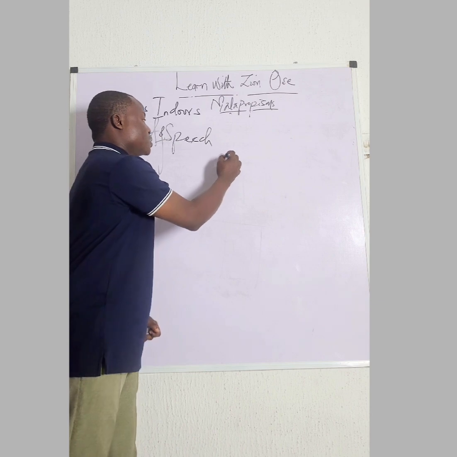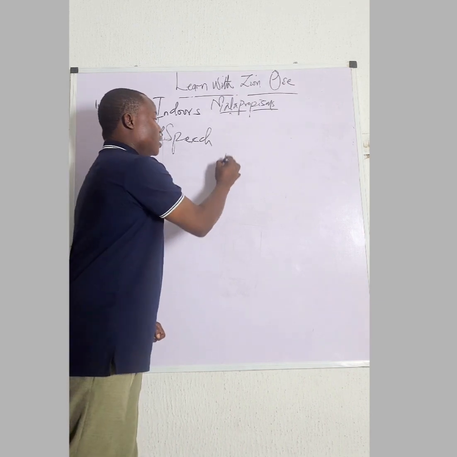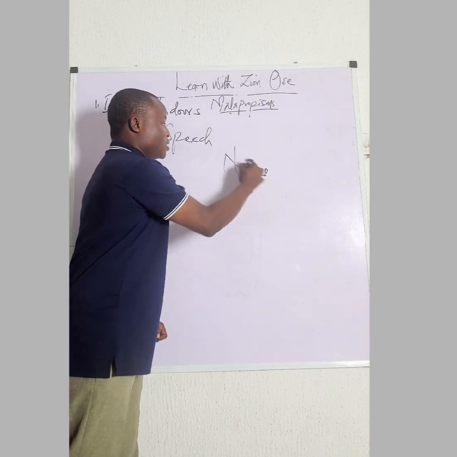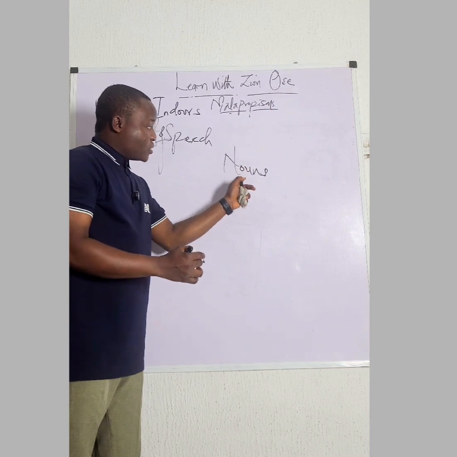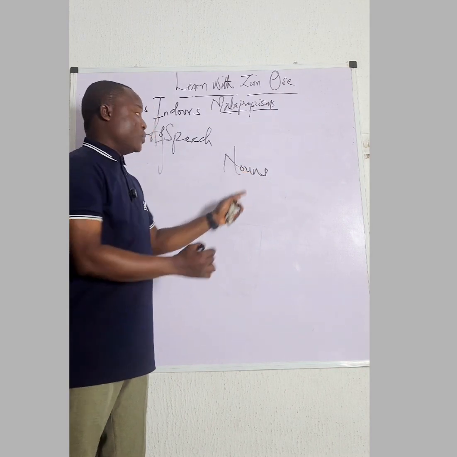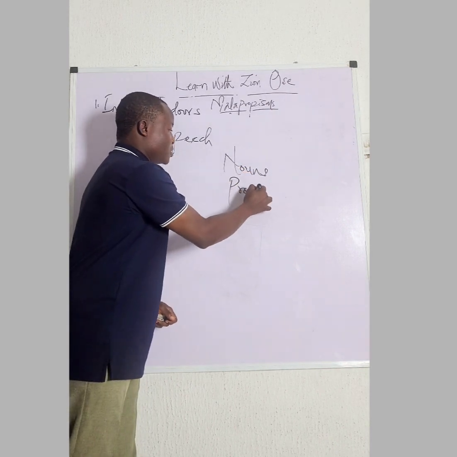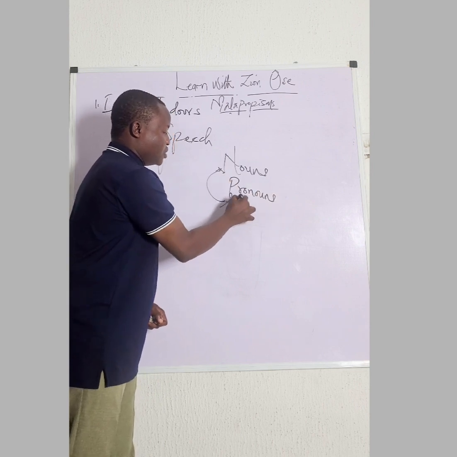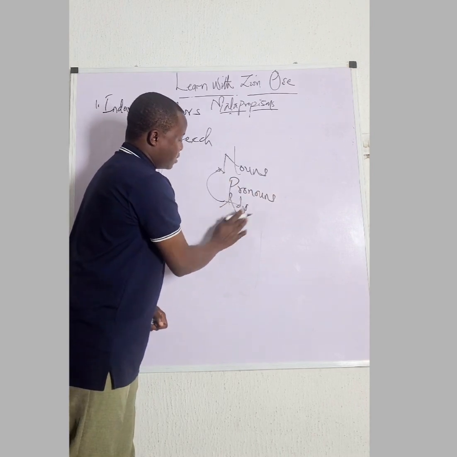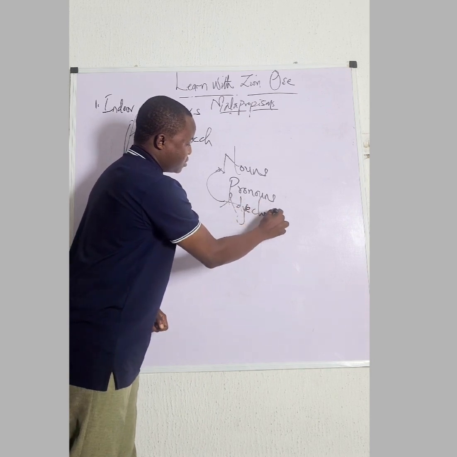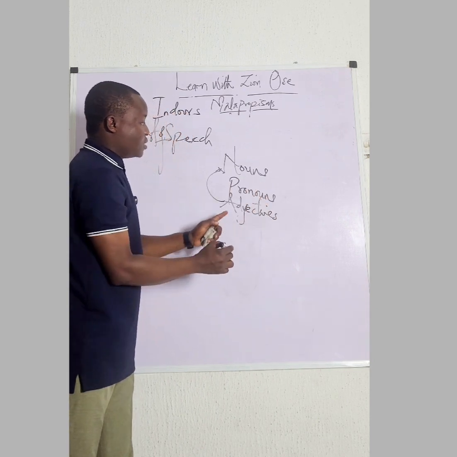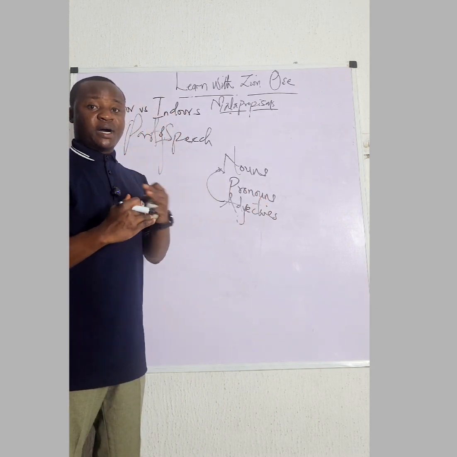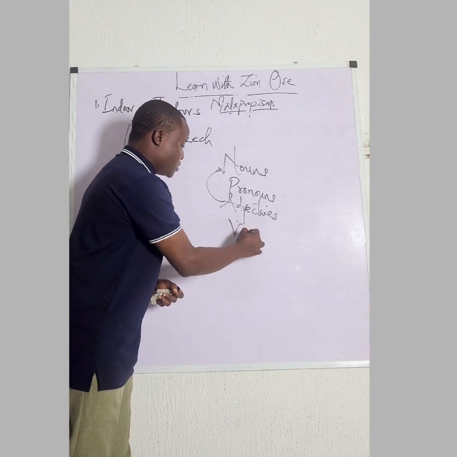For instance, words that perform the function of naming are called nouns. Words that can replace or can be used instead of nouns are called pronouns. And words that describe nouns are called adjectives. Words that show action or that perform action are called verbs.